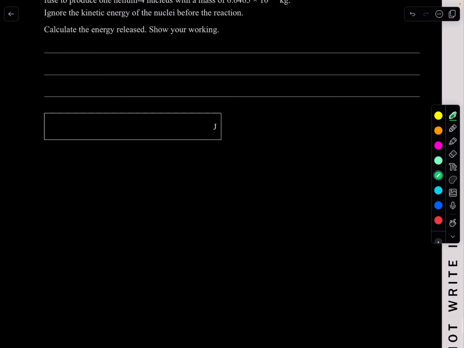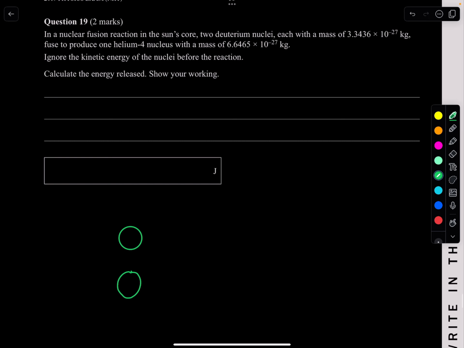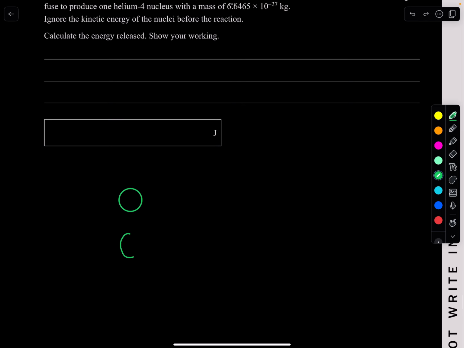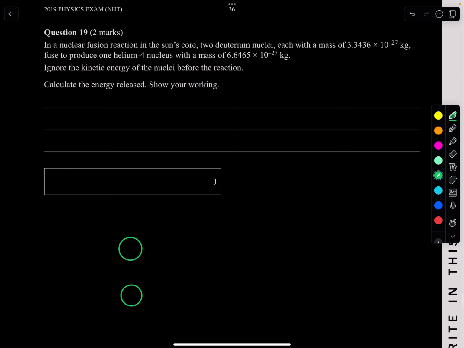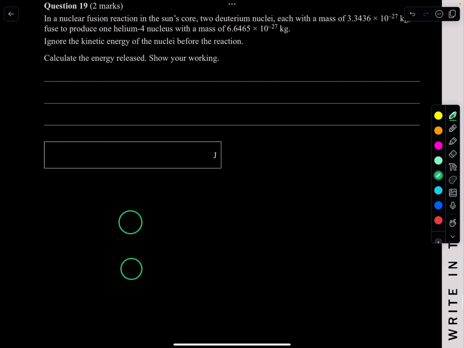So what happens in nuclear fusion, especially in stars or the sun, is we have 2 particles. Normally they're hydrogens, but in this case it's deuterium. I think it's a hydrogen with less mass, if I'm not mistaken. These are your 2 deuterium nuclei, and they fuse with each other.